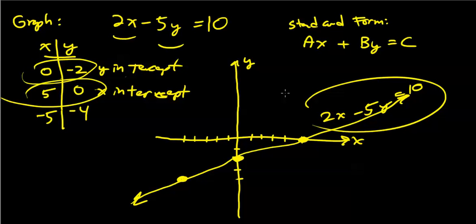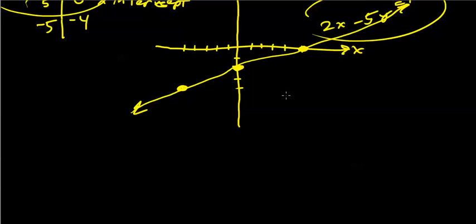Okay. Let's try another one. Graph x plus 2y equals minus 2. Again, I'll make a table of values.